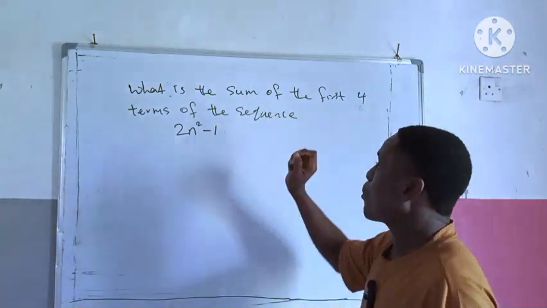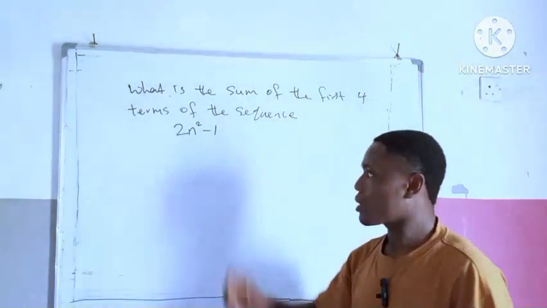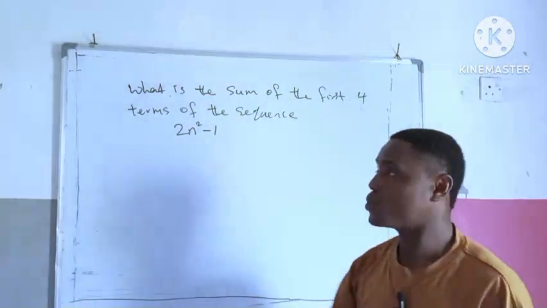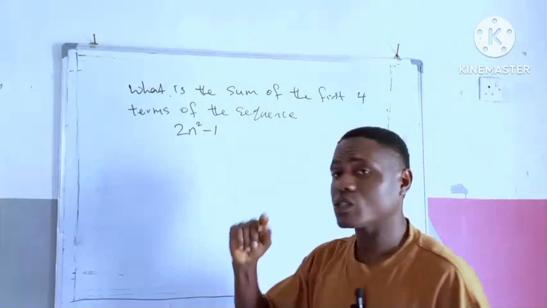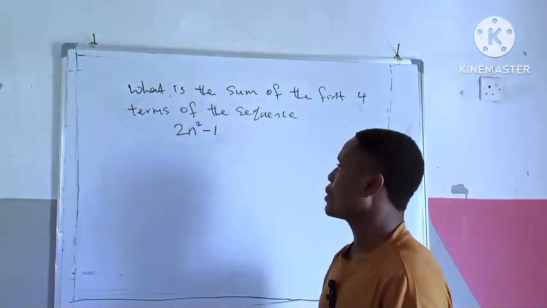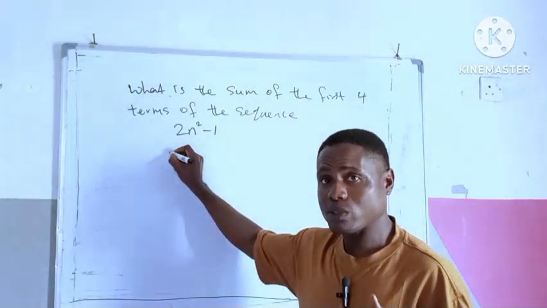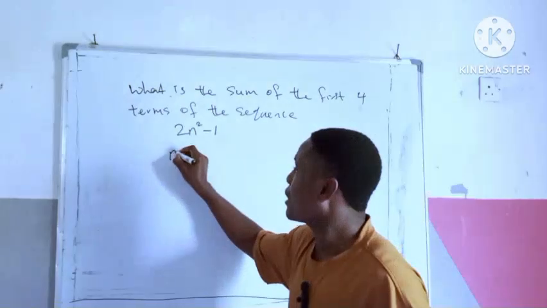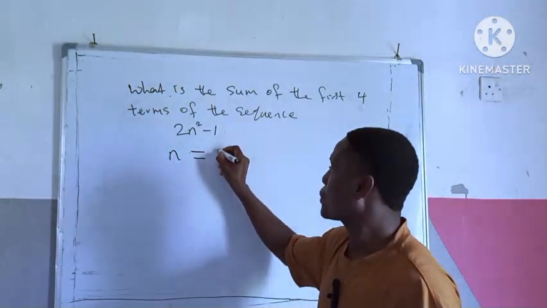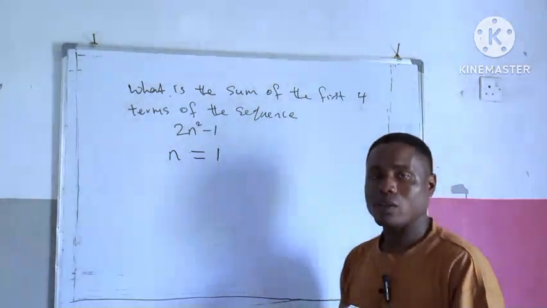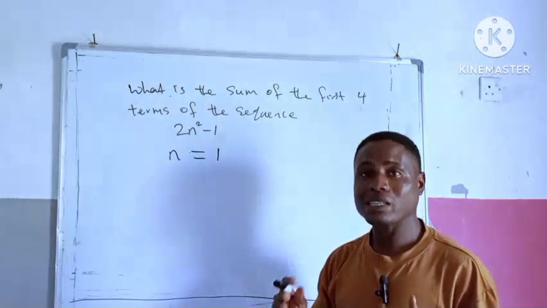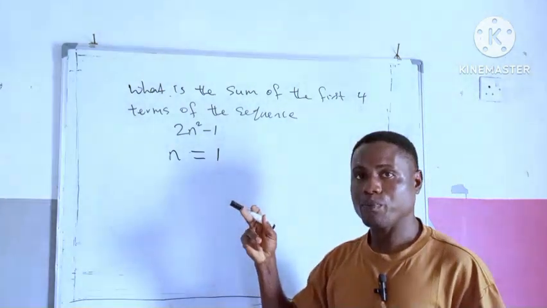We are asked the sum of the first 4 terms. What does n represent? Number of terms, right? So let's say n is 1, representing the first term.